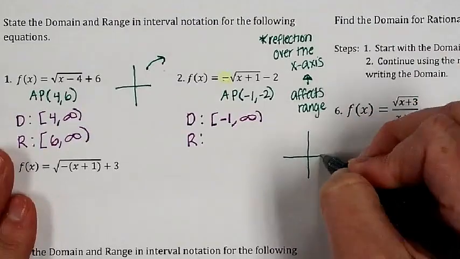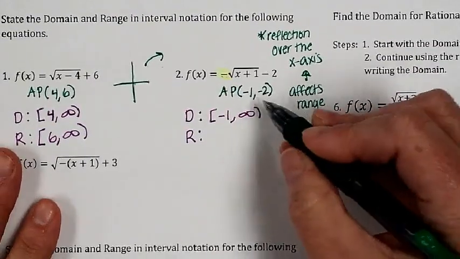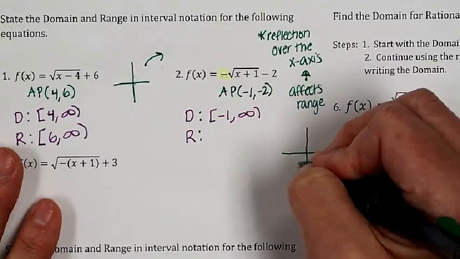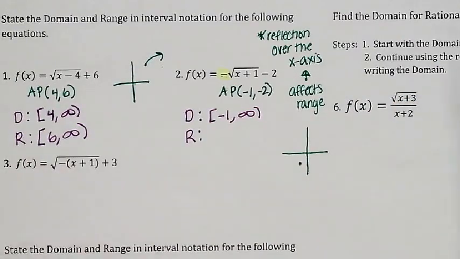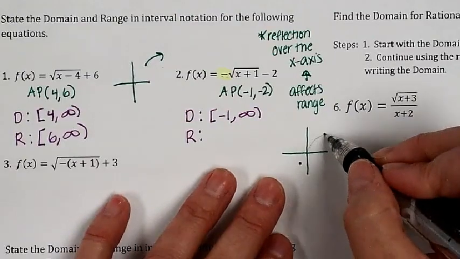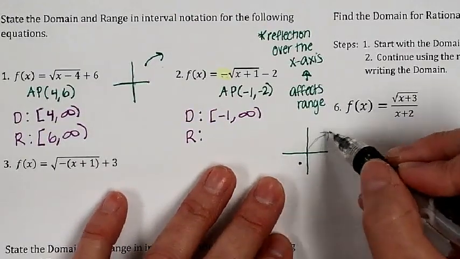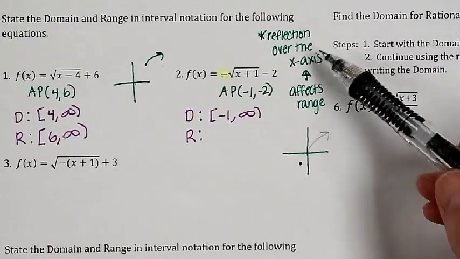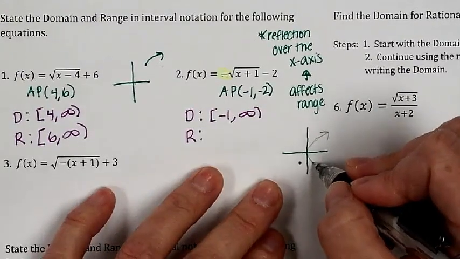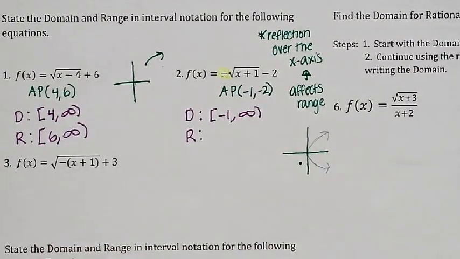If you think about the parent function, it would be this way, then we would be reflecting over the x-axis, so then it would be going that way, but then we're shifting it, so it's going to look something like that.